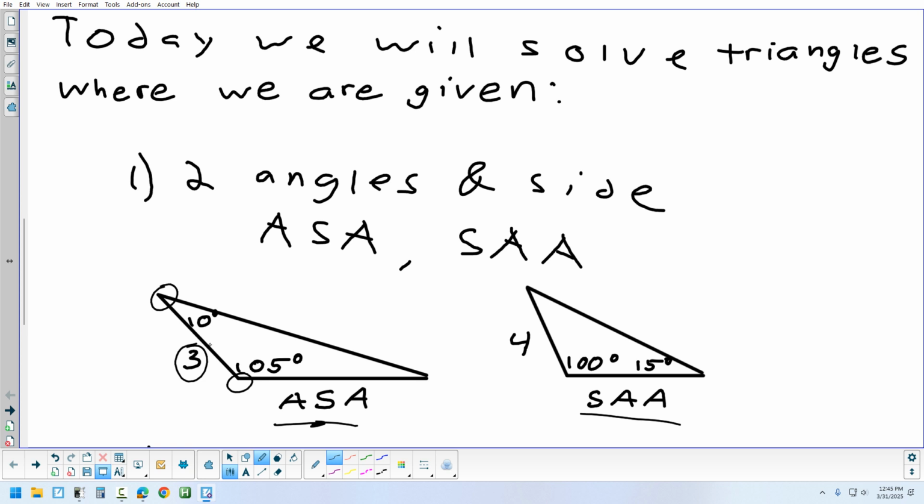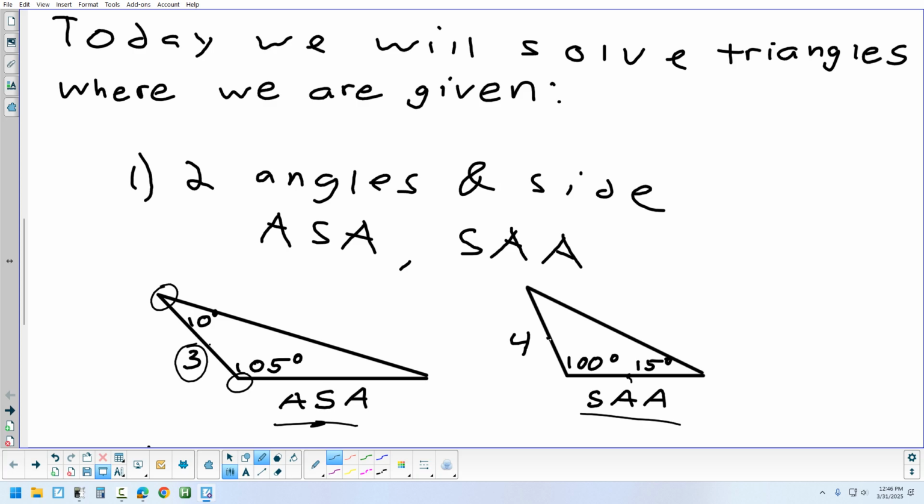It's the one between. For this one, the side that connects them is the bottom one. They didn't give you the bottom one. They gave you the side that's not between the two angles. Either way, it doesn't matter. We're still going to use law of sines.